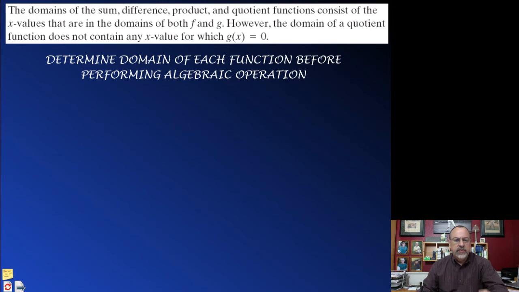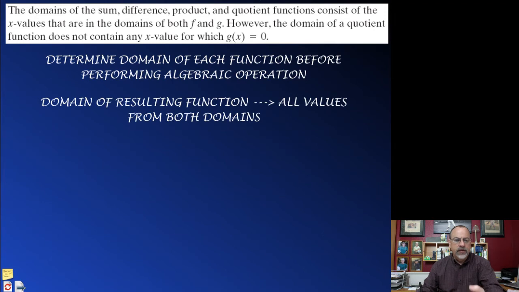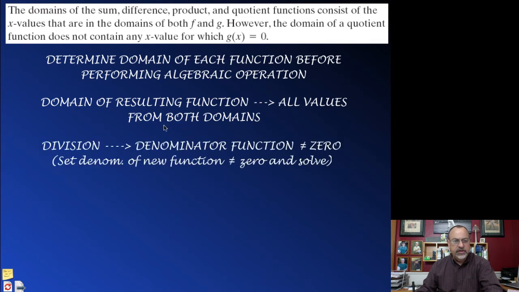To determine the domain of the new function that comes from an algebraic combination, adding, subtracting, multiplying, or dividing, you need to determine the domain of each original function first before you apply the algebraic operation. The domain of the resulting function then will be the intersection of those two domains, with the additional thing that if we're dividing functions, the denominator function cannot be 0 at any point.